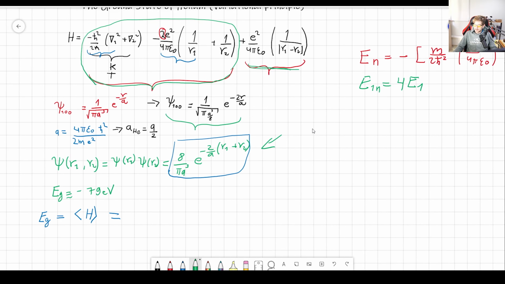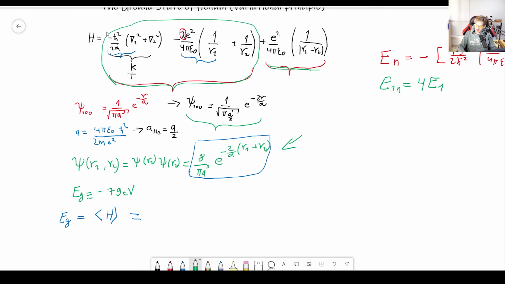So the expectation value of the hydrogen atom that we have here, as I mentioned, is a hydrogen atom but with a charge of 2. That's going to be 4 times E1, 4 times the energy of the ground state of hydrogen, which is 13.6 electron volts.